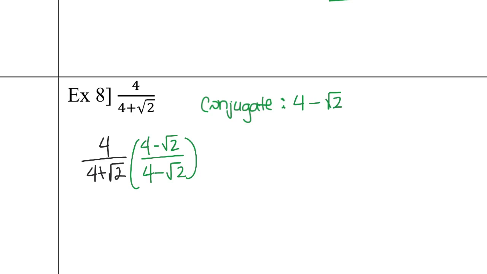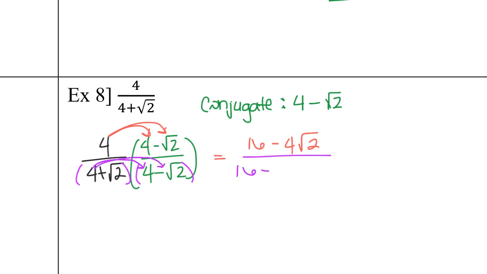So now for the numerator, we have a little bit more complicated problem. I have a monomial times a binomial in the numerator, so this is just straight distribution. So we've got 4 times 4 makes 16. 4 times negative square root of 2 makes negative 4 square roots of 2. But in the denominator, I have 2 binomials multiplied together. So we're going to have to do double distribution. 4 times 4 makes 16. 4 times negative square root of 2 makes negative 4 square root of 2.